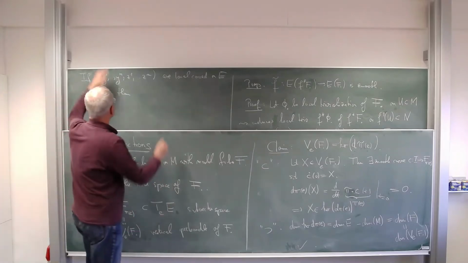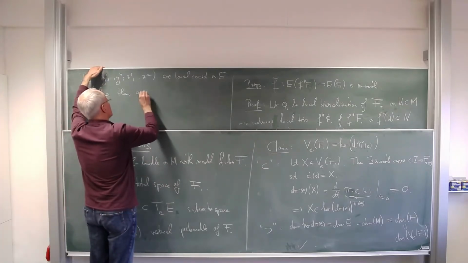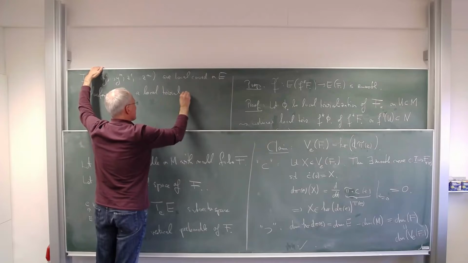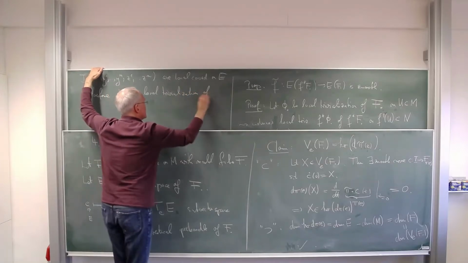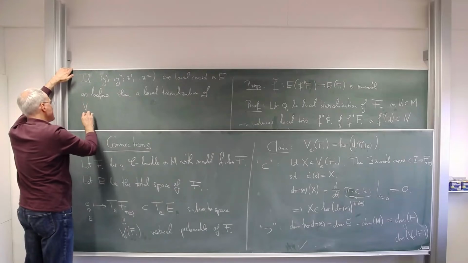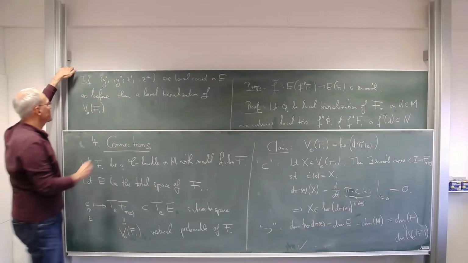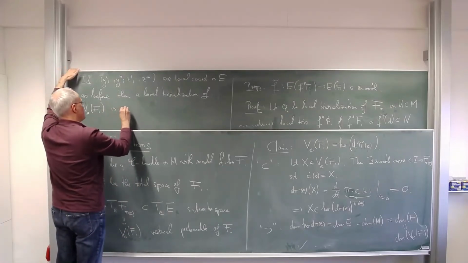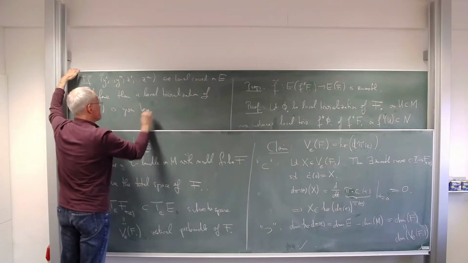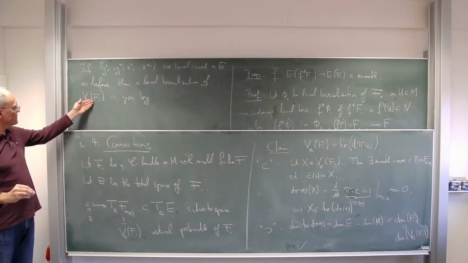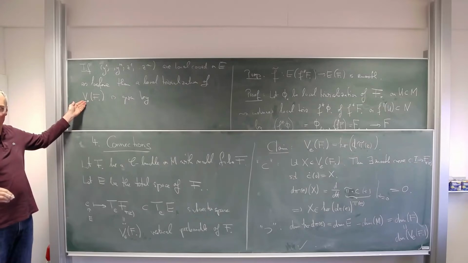A local trivialization of the vertical bundle is given by, right, so we have to take an arbitrary vector from this vertical bundle, and we have to associate to this something in the model fiber.